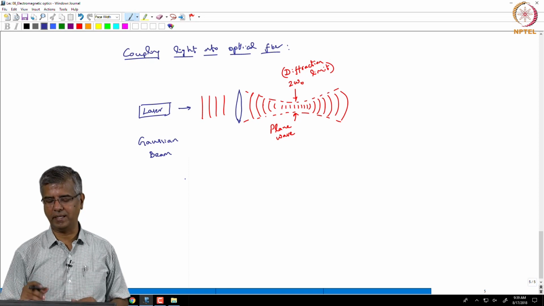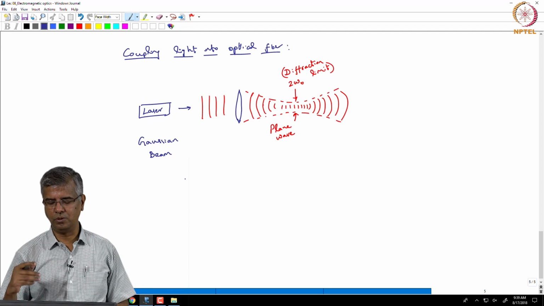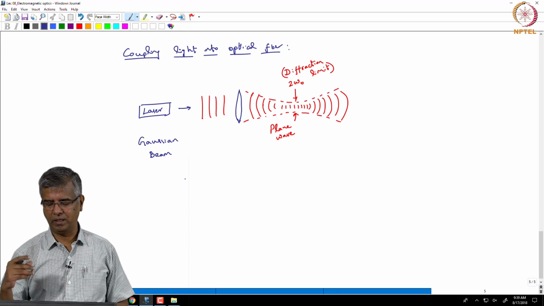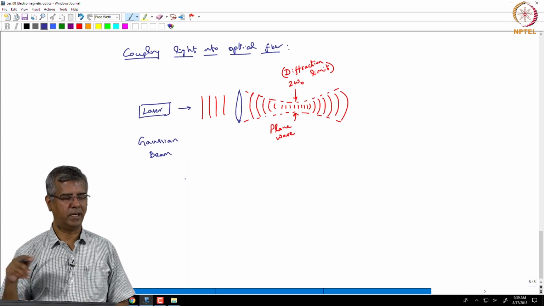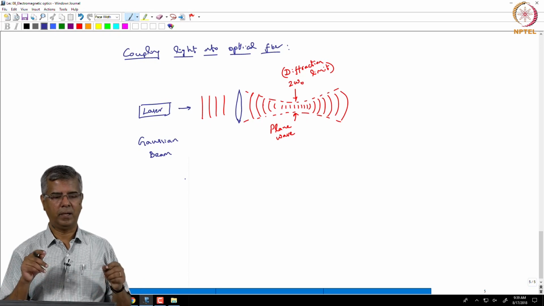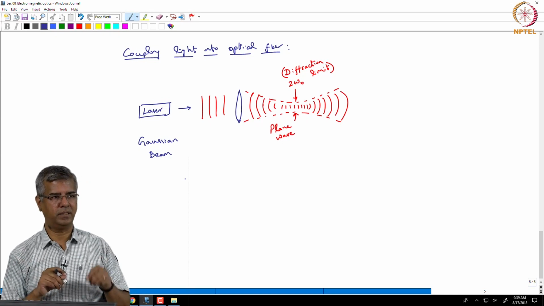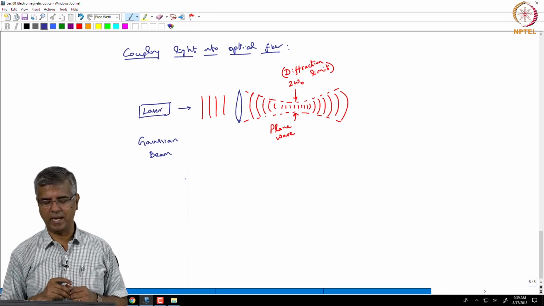Okay, the waveguide actually, as I was mentioning yesterday, if you do the solving of the Maxwell's equations rigorously, you will find that the field shape corresponds to a Bessel function in the core region and a modified Bessel function in the cladding region.